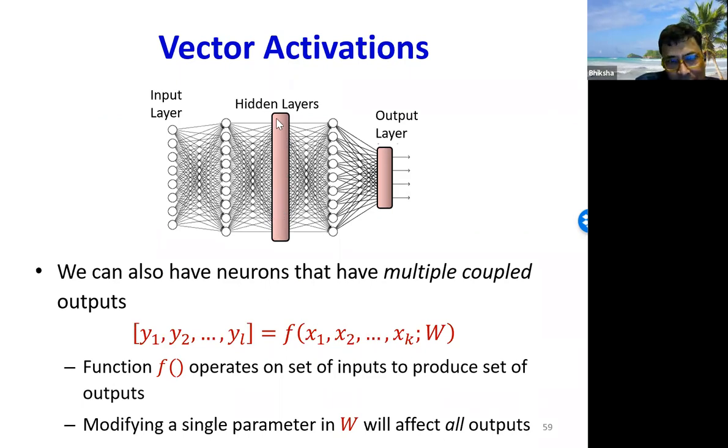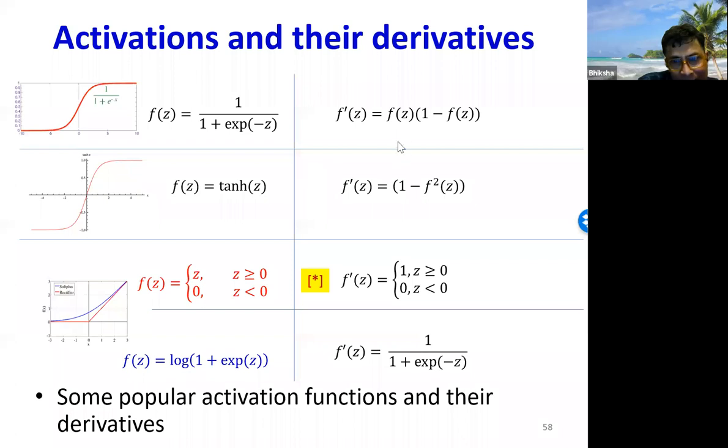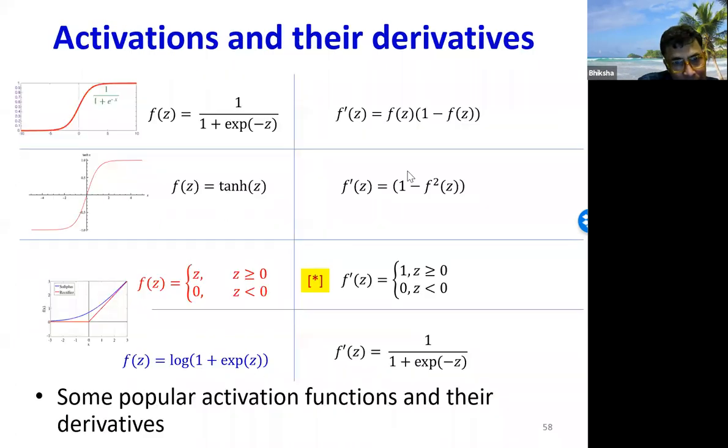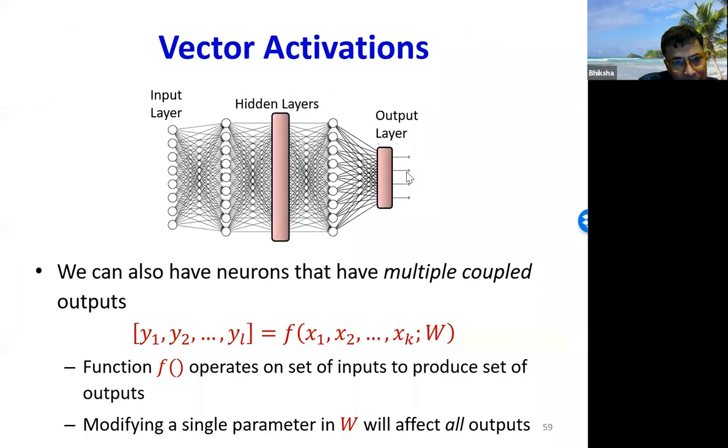This is what we will call a scalar activation, where it takes in inputs but produces an output scalar. Instead, if it produces multiple outputs, I'm going to call it a vector activation. That's illustrated by this pink box here. You have a single unit which takes in a bunch of inputs and produces a whole bunch of outputs.